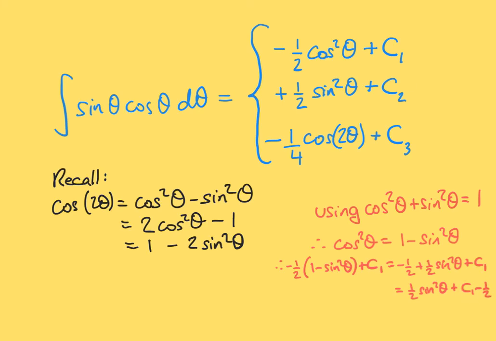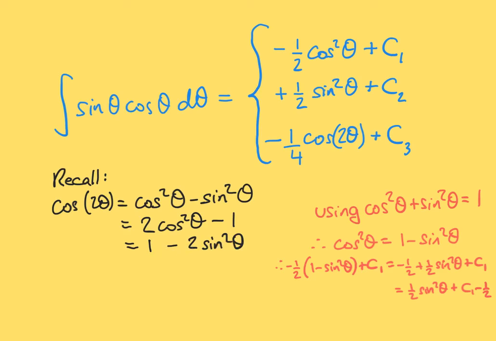So we can see that these 2 statements are equivalent once you realise that an indefinite integral is only defined up to an unknown integration constant. And similarly here, for the double angle formula, well, remember the double angle formula is cos 2 theta is cos squared theta minus sine squared theta, and then using this result, that means we can rewrite cos squared theta minus sine squared theta as 2 cos squared theta minus 1, or 1 minus 2 sine squared theta.